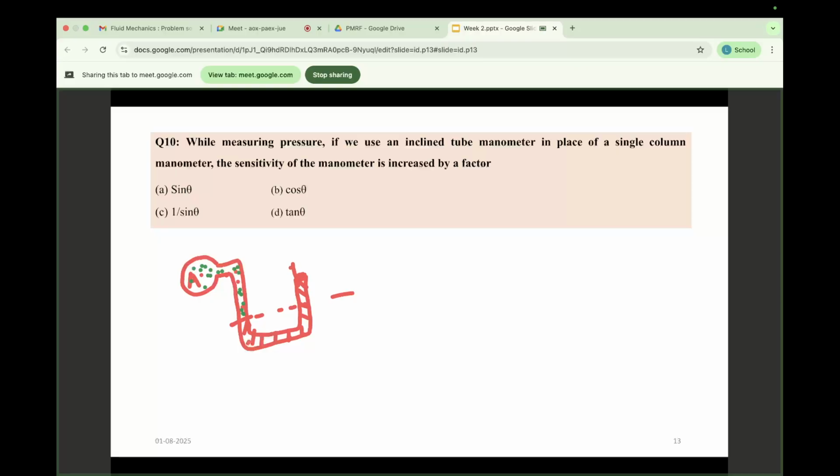Up to this it is filled with, so I am drawing another line for your reference. So two lines are there for two liquids. This green line indicates say water, and this red line indicates say mercury.